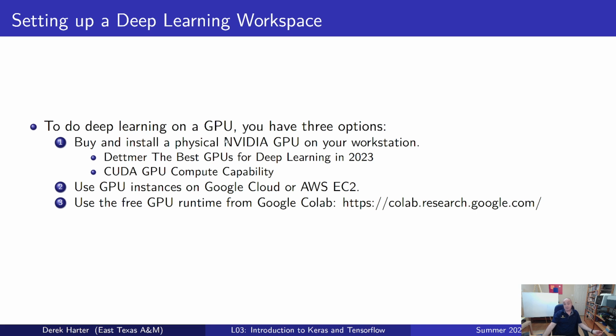If you have access to an NVIDIA GPU, that's certainly the best thing. And if you don't, but you think you want to get into deep learning as a career, or more often, you should think about getting access to a physical GPU, maybe through work or through personal resources, and set up a deep learning workspace.